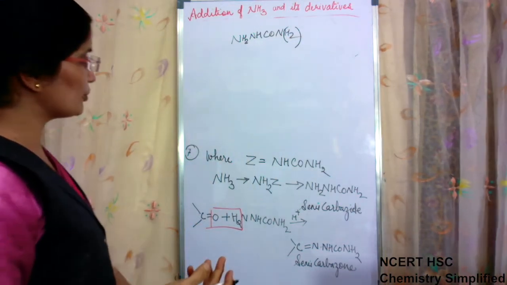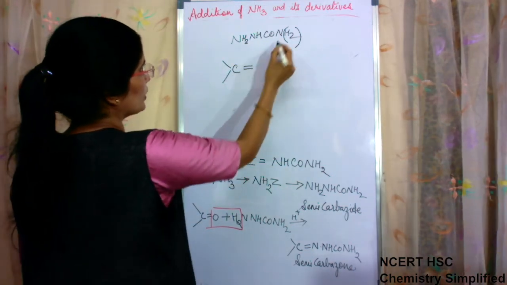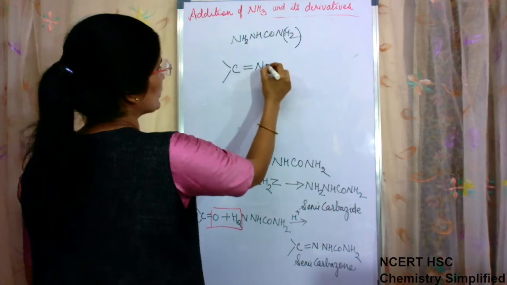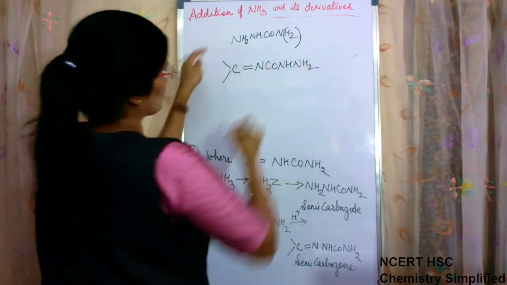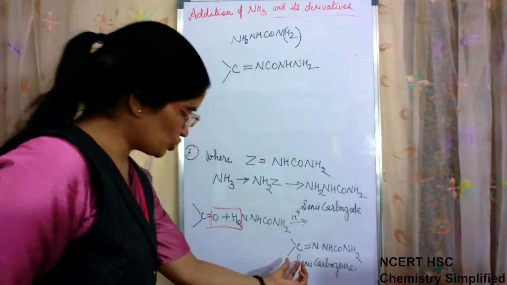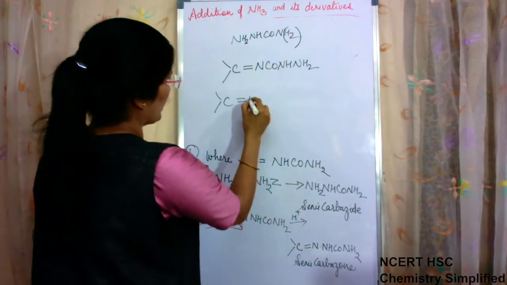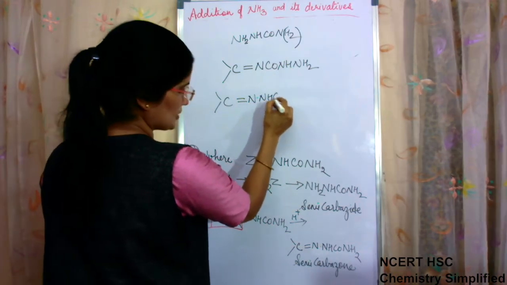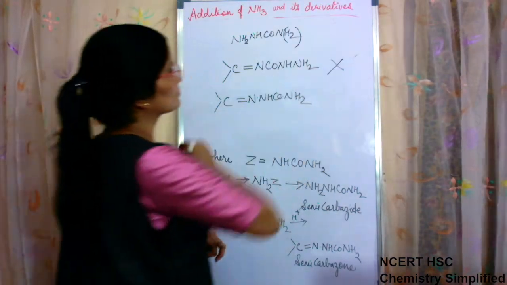In that case, the product which you will form will be C double bond, then this N will be joined here, then CO will come, then NH, and then NH2. Now what is the actual product? C double bond N, then NH, CO, NH2. So this is wrong.